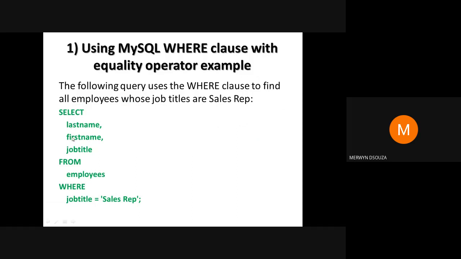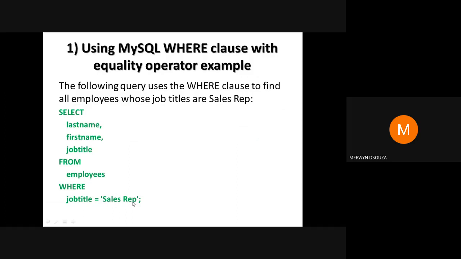We want to know the employee's last name, first name, and job title from the table employees, where the condition is that you want to select all the employees whose job title is sales rep. You will say where job title equal to, in single quotes, sales rep.